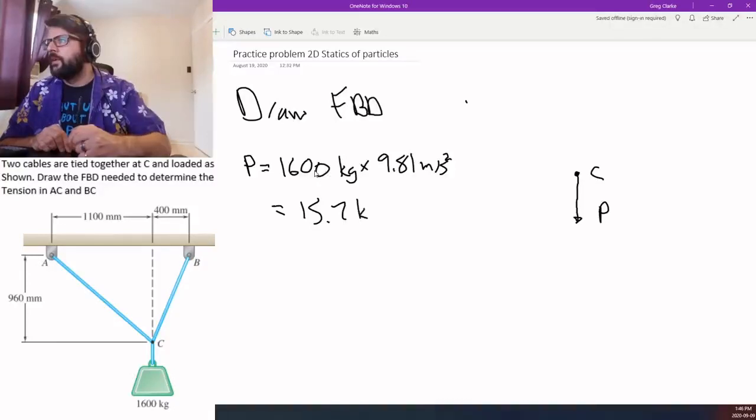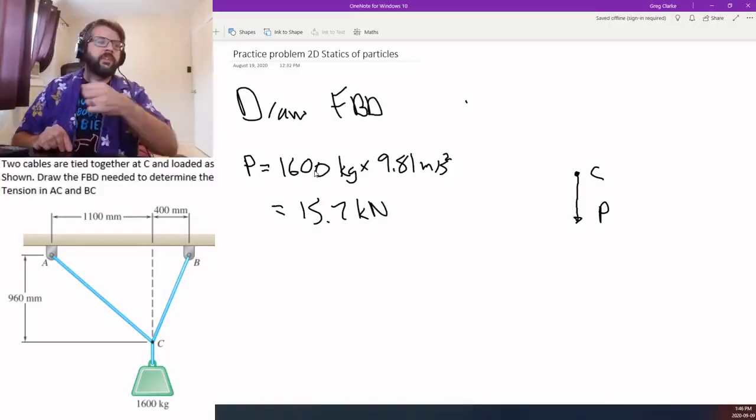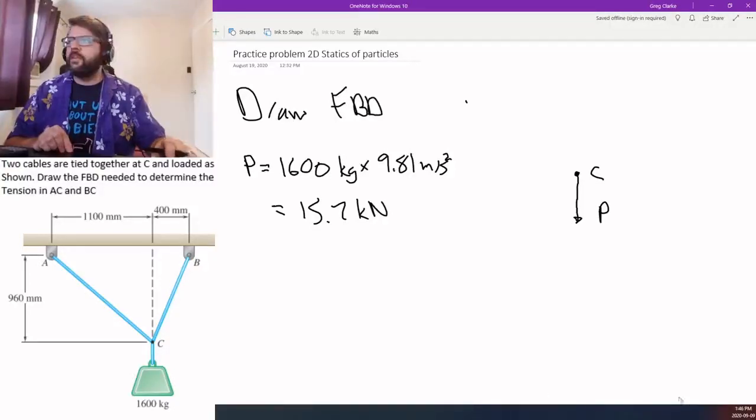15.7 kilonewtons is basically the tension in this tiny little segment here.